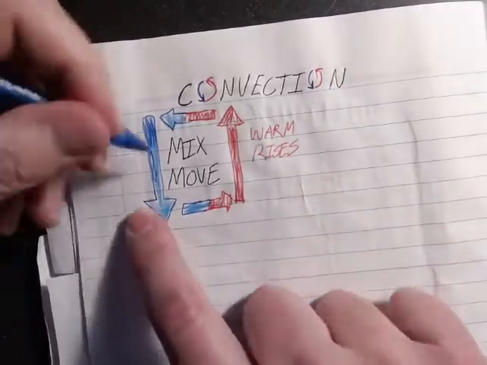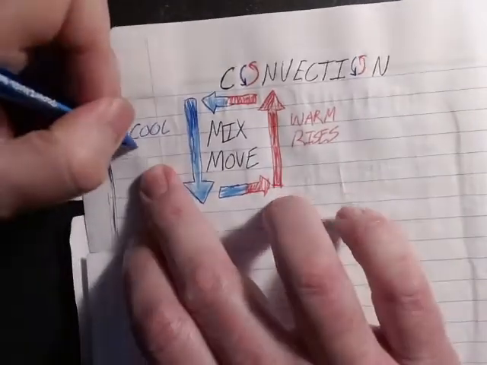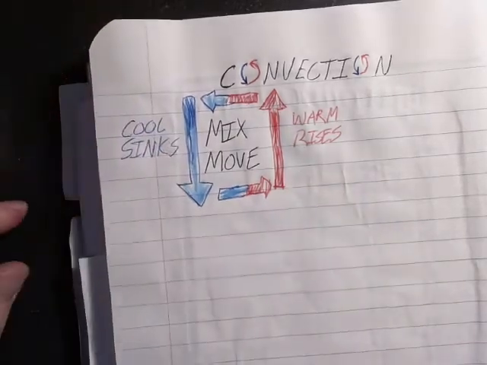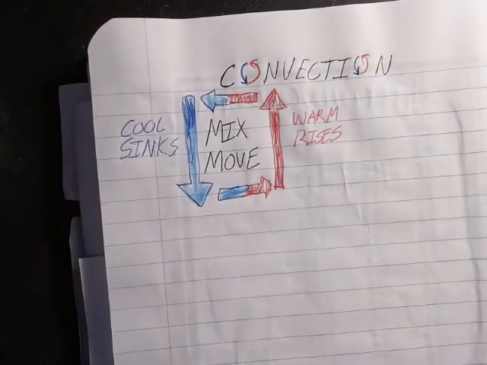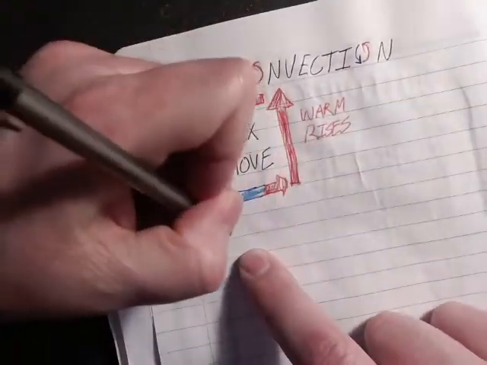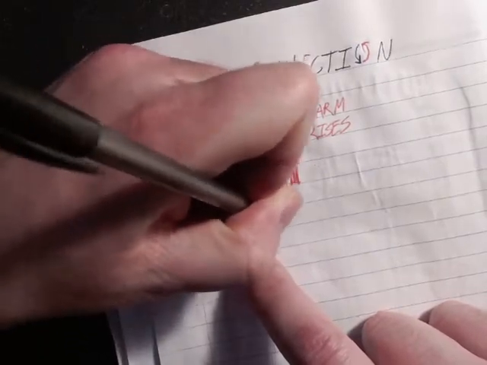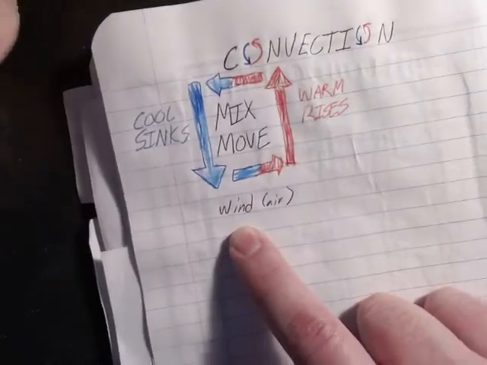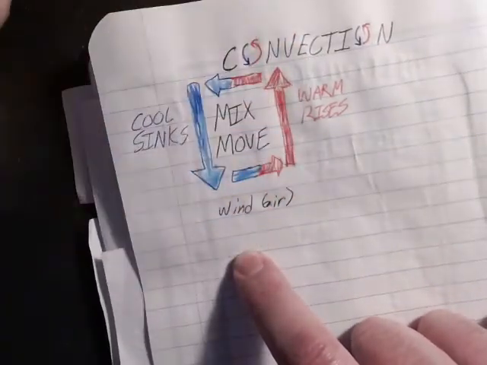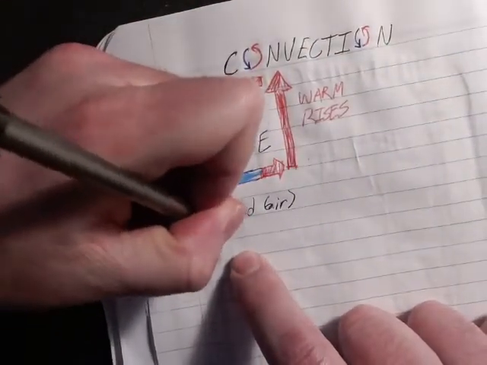Cool sinks. And this mixes everything. If the mixing is in the air around you, we call it wind. If this mixing happens in the oceans, the water mixes, that is an ocean current.